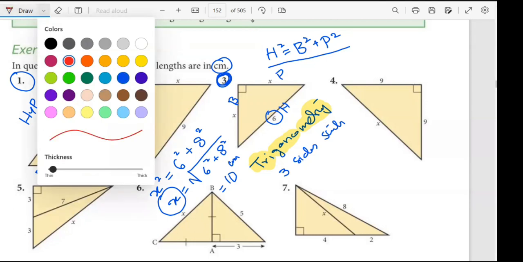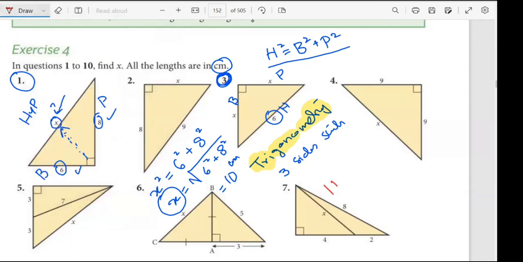In this case, again you will write the formula: hypotenuse square is equal to base square plus perpendicular square. Hypotenuse is 6. You will write 6 square is equal to x square plus x square. 6 square becomes 36. x square and x square become 2x square.